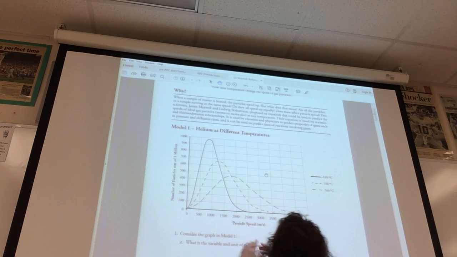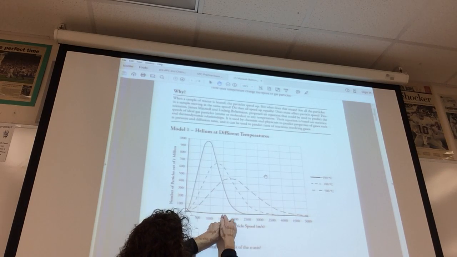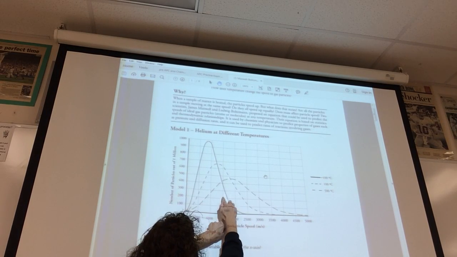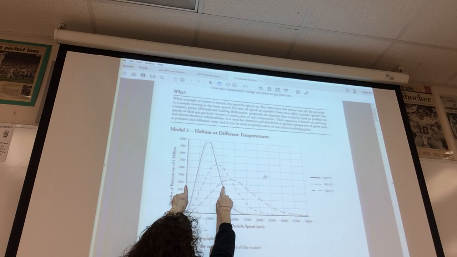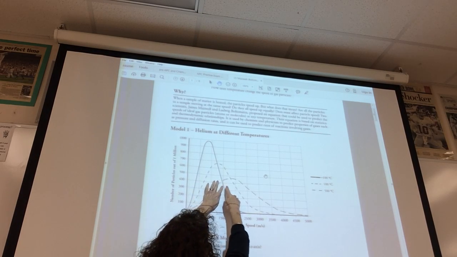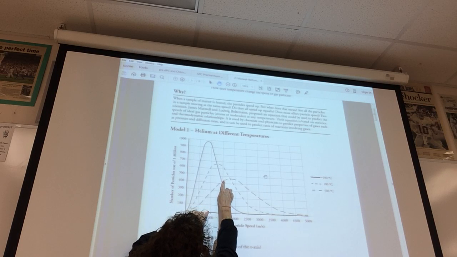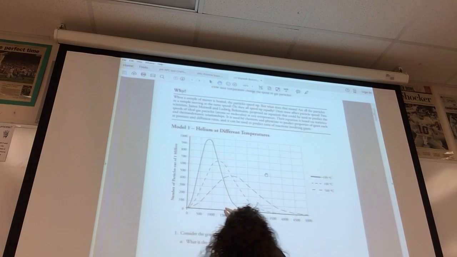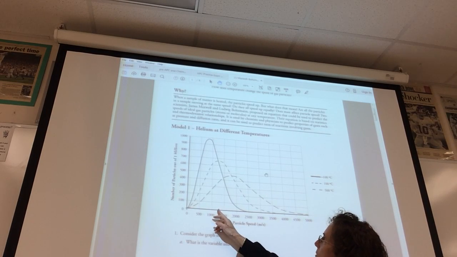So if you consider, for example, 1,500 meters per second as the speed, only about 370 at negative 100 degrees Celsius achieves that. More particles are going to achieve it here, and then you can see the other temperature as well. And this is a slower speed.